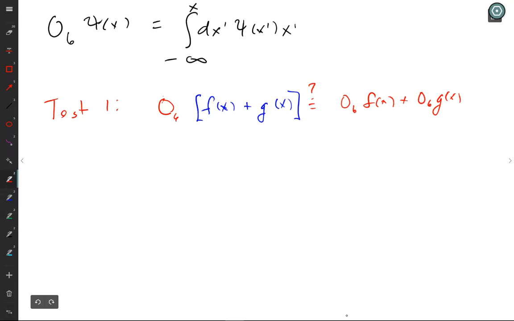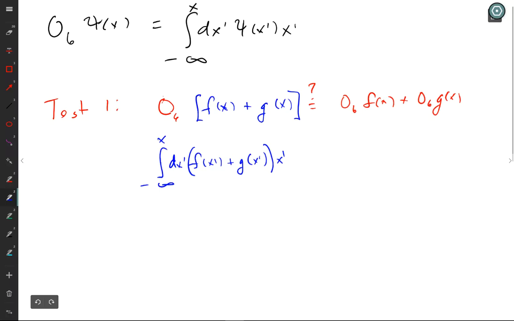And so when we do this, we have properties of integrals now.